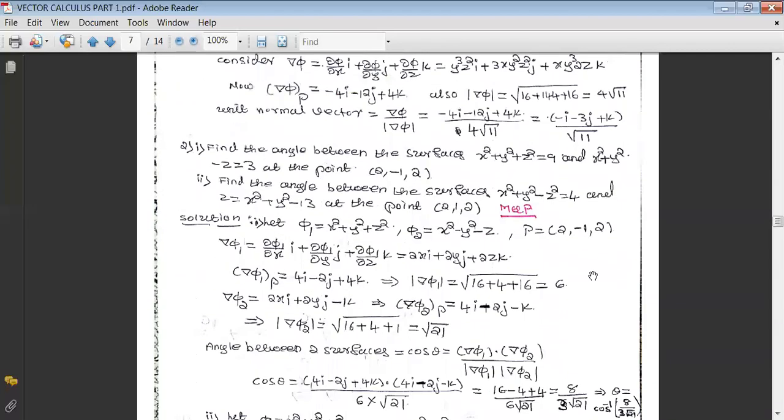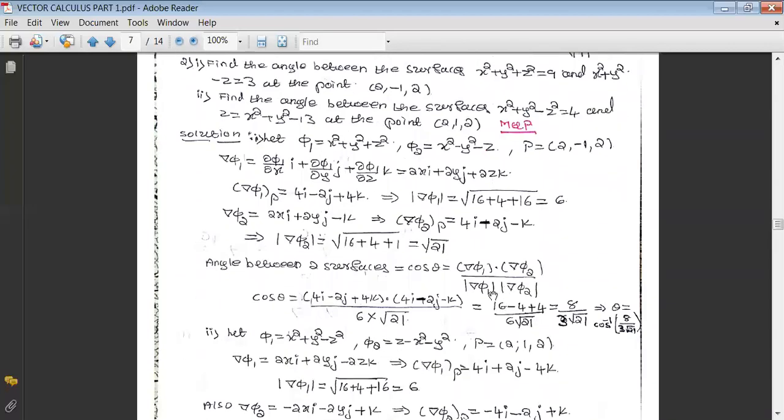First of all, we have to find del phi 1 and del phi 2 at the given point. Del phi 1 is given by the partial derivative of phi with respect to x into i plus the partial derivative of phi with respect to y into j plus the partial derivative of phi with respect to z into k. If we differentiate this with respect to x, that is 2x into i. With respect to y partially, that is 2y into j. Partial with respect to z, that is 2z into k.